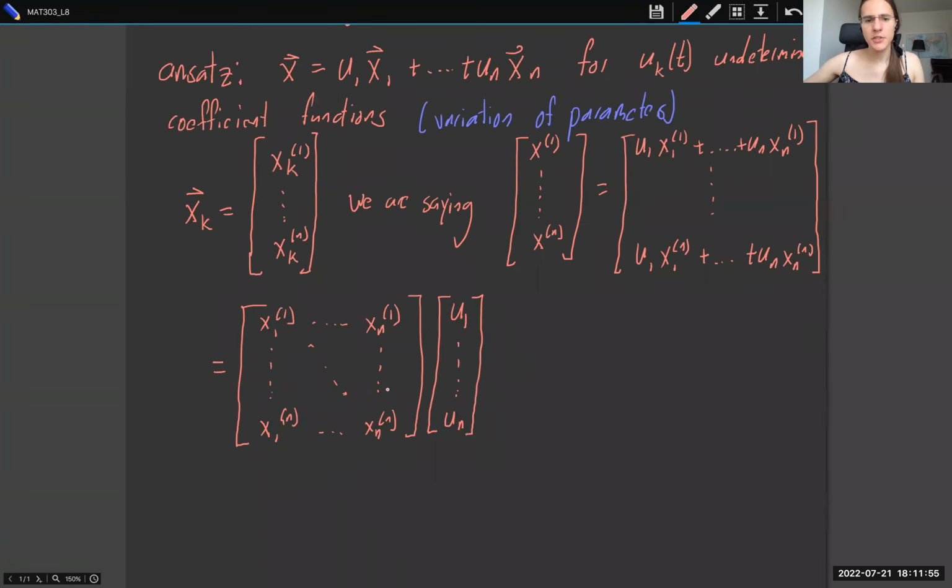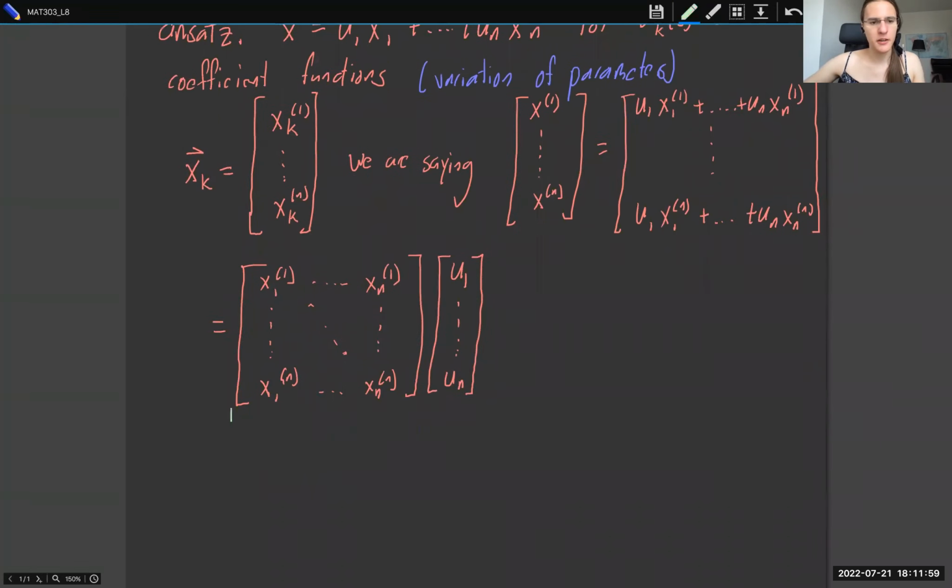And we're going to call this matrix the fundamental matrix associated with the problem.